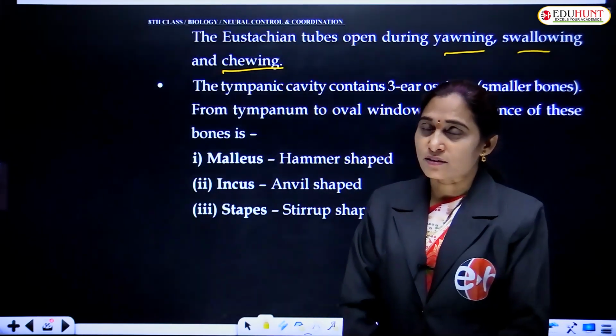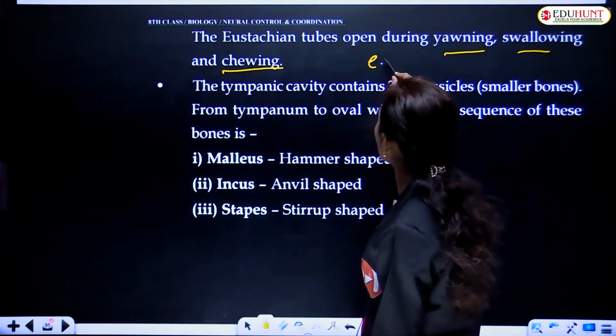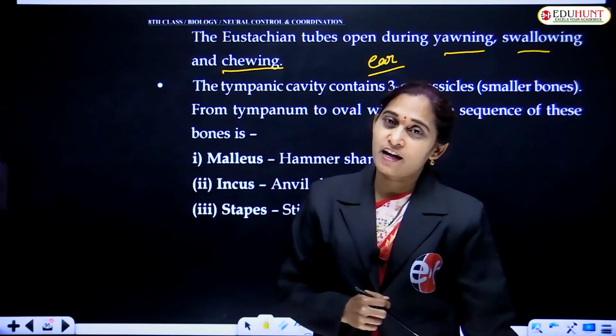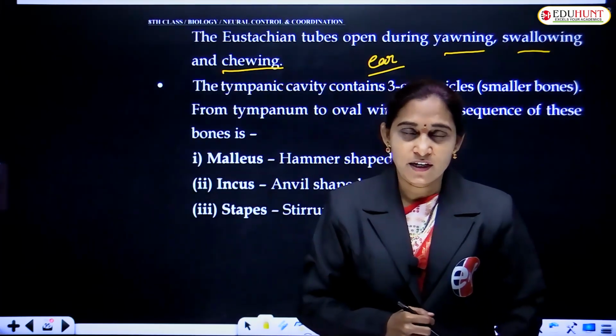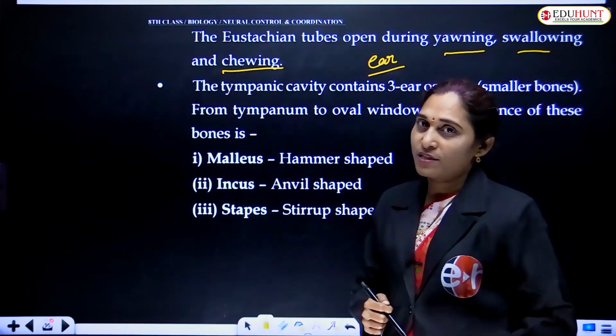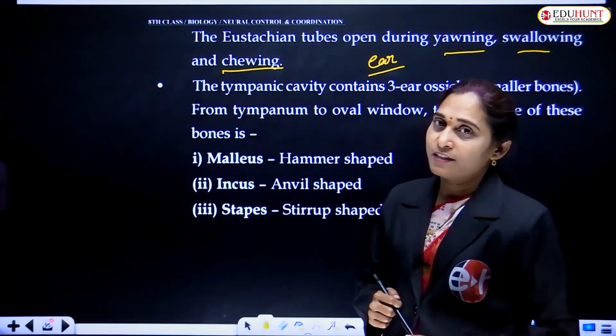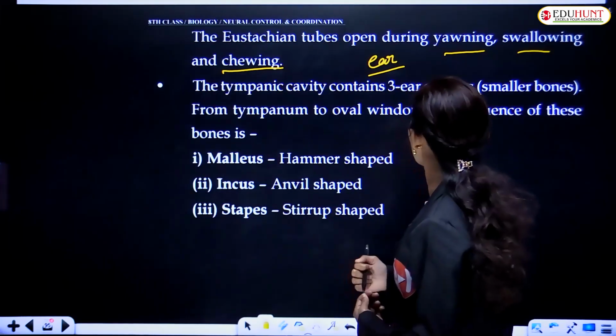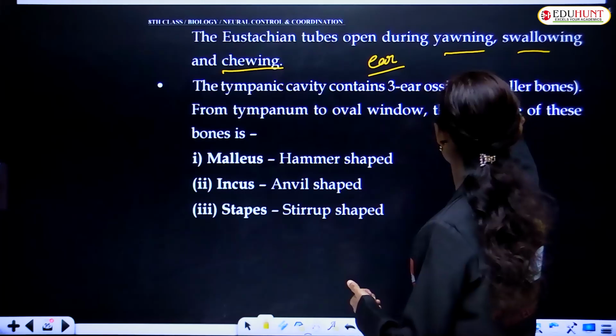Where is it present? It is in the ear. The longest bone is present in the thigh, that is the femur, and the smallest and shortest bone is present in the ear, the stapes.